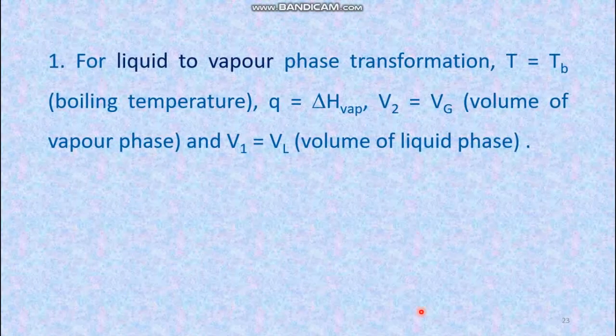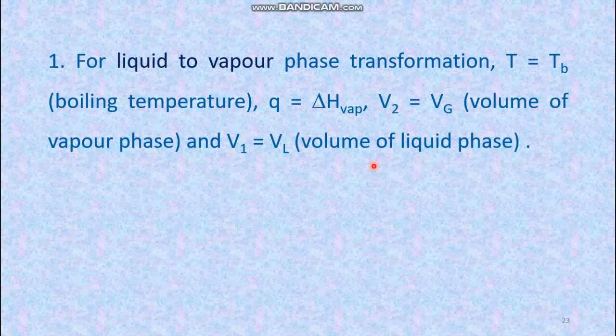Number 1, liquid to vapor phase transformation. So we are dealing with the vaporization of a liquid. In that case, the temperature is the boiling temperature TB. Q is the heat of vaporization, that means delta H vaporization. V2 is the volume of the vapor, that means the second phase, and V1 is the volume of the liquid, that means the volume of the initial phase.